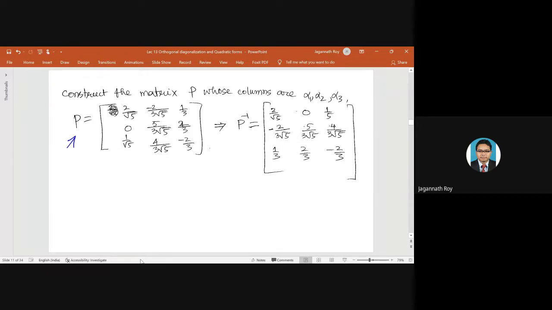Earlier we have seen that we call it a modal matrix, because the column vectors are eigenvectors. Here they are orthogonal, or let us write orthonormal eigenvectors.